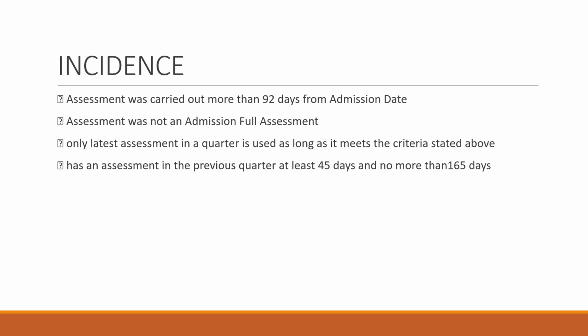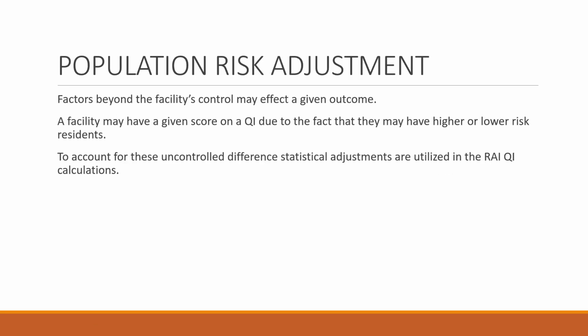Okay, so now that we've looked at that, once again I'll cover population risk adjustment on the last day, and we'll look at one example of what a population risk adjustment is and how it affects your scores. But the example we've been using all along is that if 2 sites had a 10% fall rate, you might say they're equal in performance on that indicator.